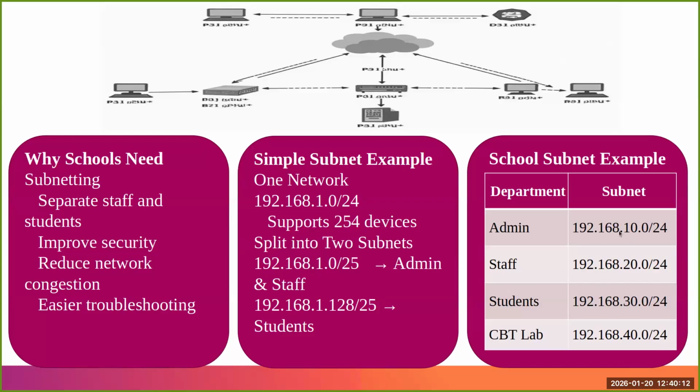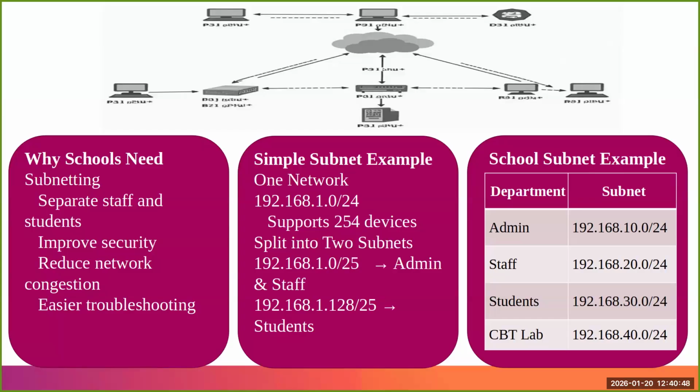Now, on this, say you have admin with 192.168.10.0/24 as the network address. The first IP there can be 192.168.10.1. The second one will be 192.168.10.2, .10.3, .10.4, .10.5, until .10.255. From 0 to 255.